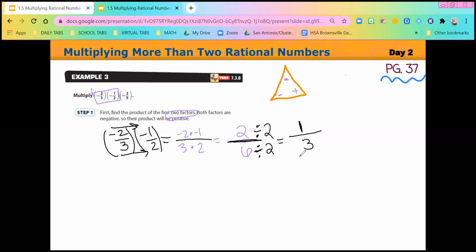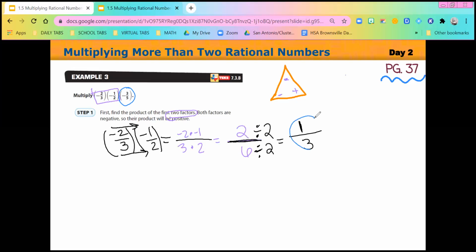Okay, so now step 3 says to multiply the result, 1/3, which is positive, by the third factor, which is that negative 3/5. Remember, we did these two first. Now I am missing this factor, because we were only doing 2 at a time.